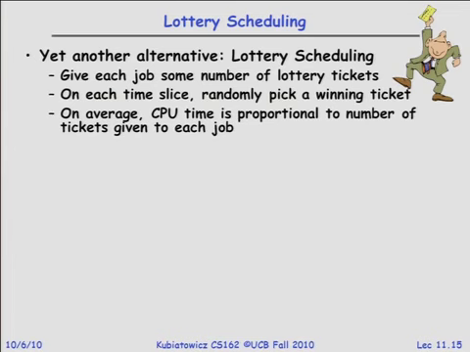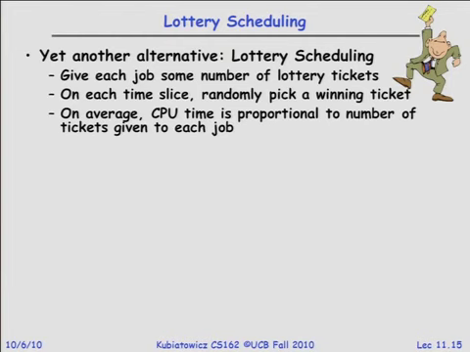At each time slice, you randomly pick a lottery ticket number, and the job that has the winning ticket gets that time slice. So the CPU time is proportional to the number of tickets: the more tickets you have, the more chances to win, and therefore the more CPU time you get.